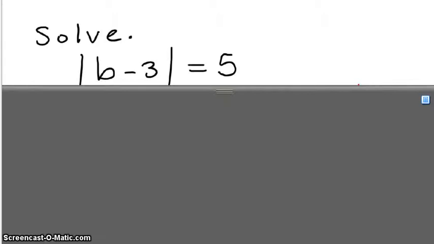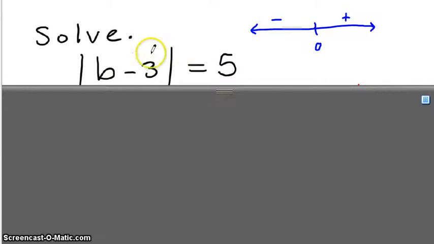Okay, so here's an absolute value equation: the absolute value of b minus 3 is equal to 5. Whatever this is, its absolute value is 5. So I know from before that I have two possibilities: it is either somewhere over here where it's negative or somewhere over here that is positive.